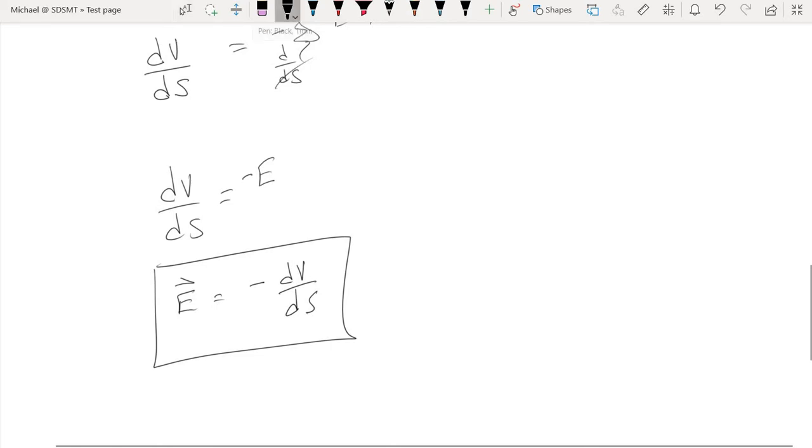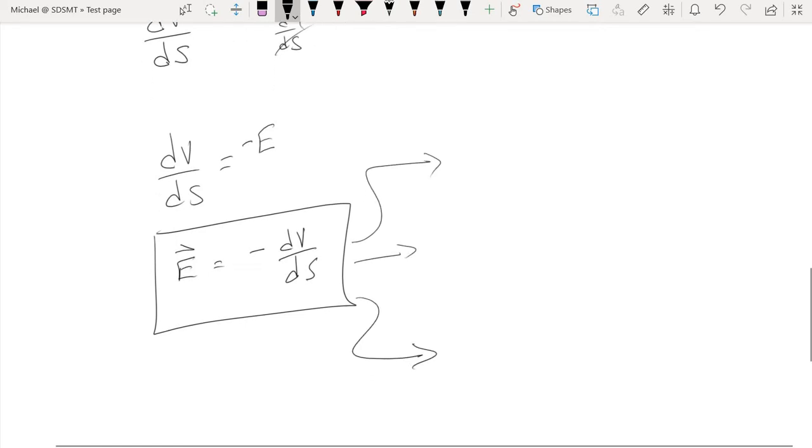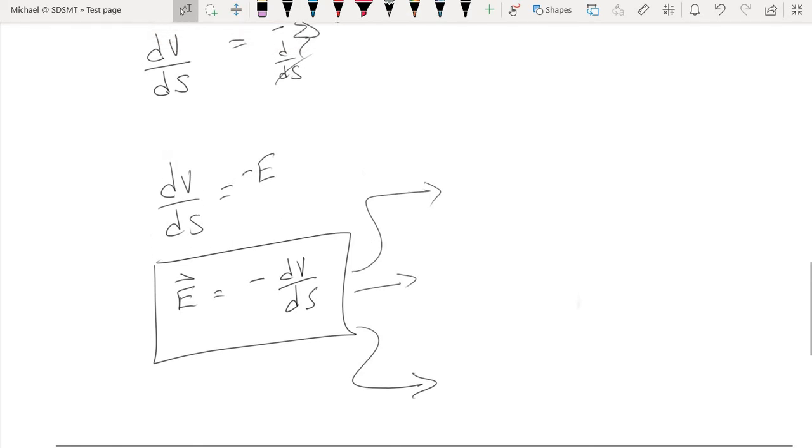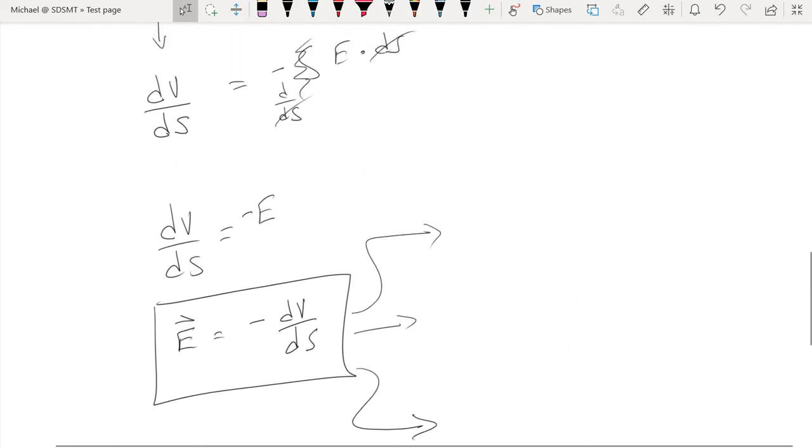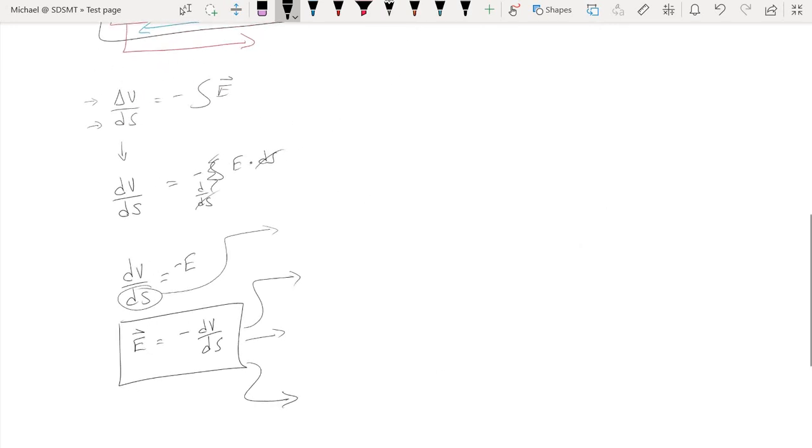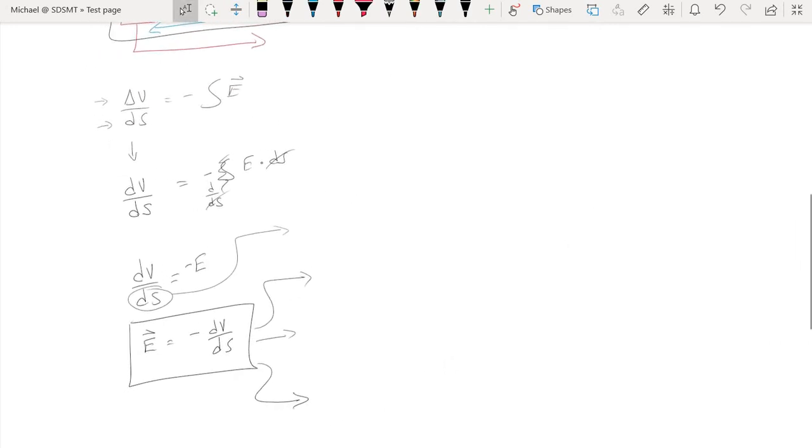The way we're going to do that is we're going to take this expression that we just made, and we're going to split it up into three different axes. One for the x direction, one for the y direction, one for the z direction. The way that we can accomplish this is by taking ds, and if you remember, ds is any path through space that we want to take.